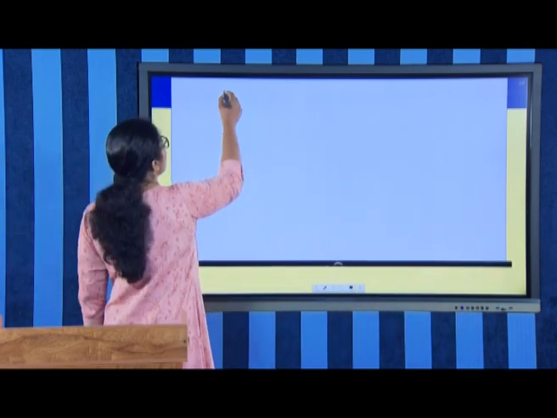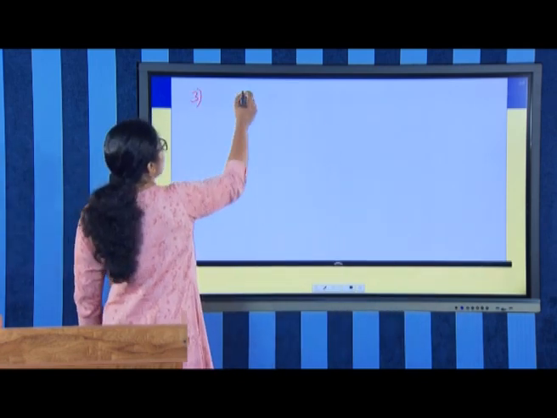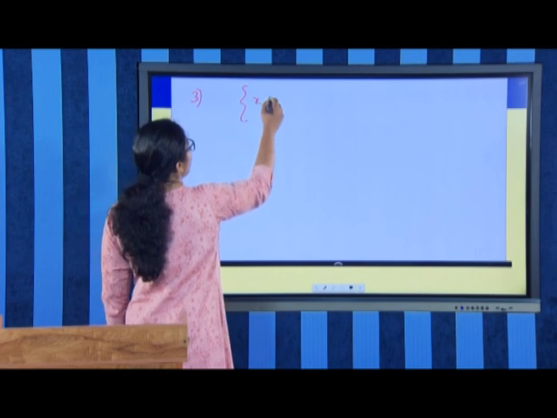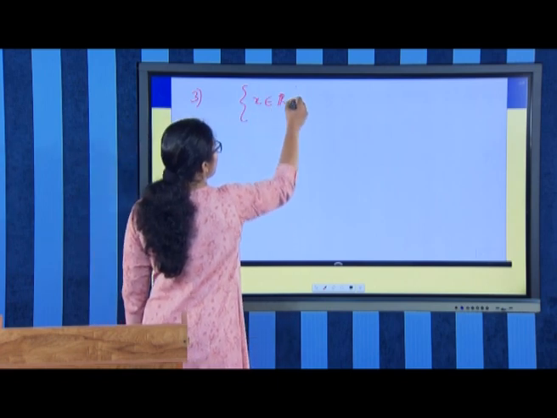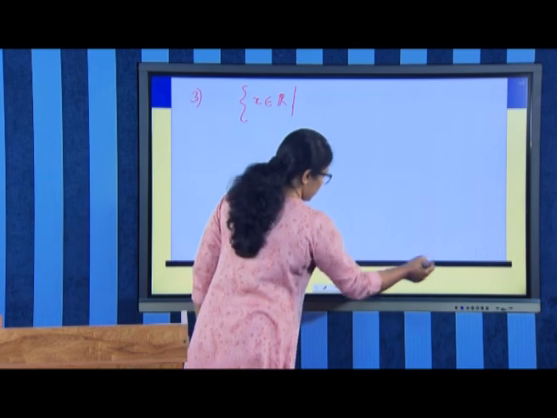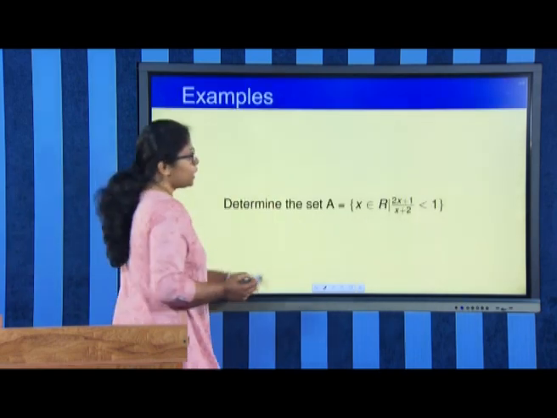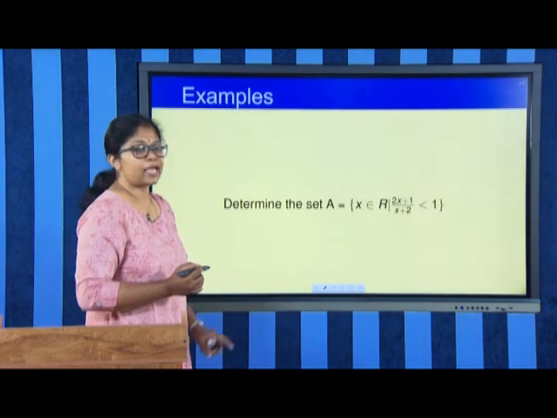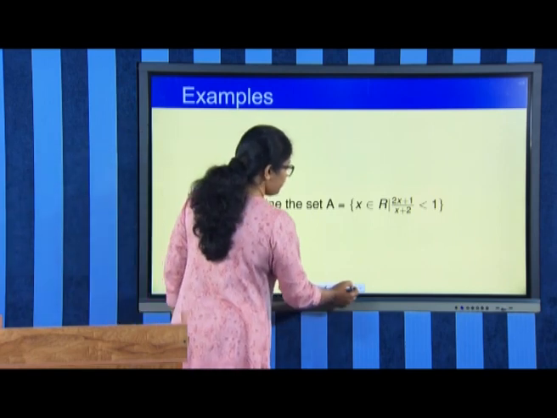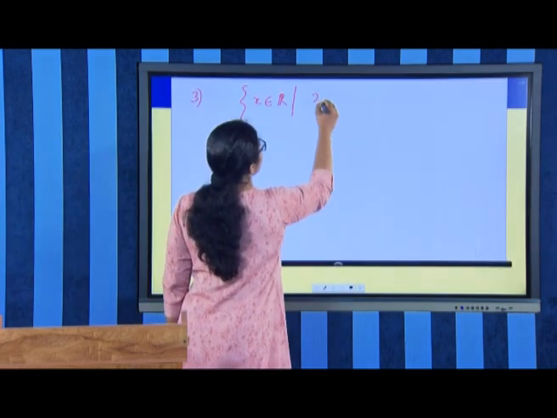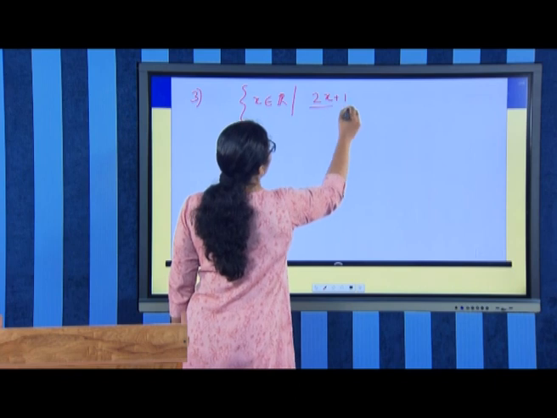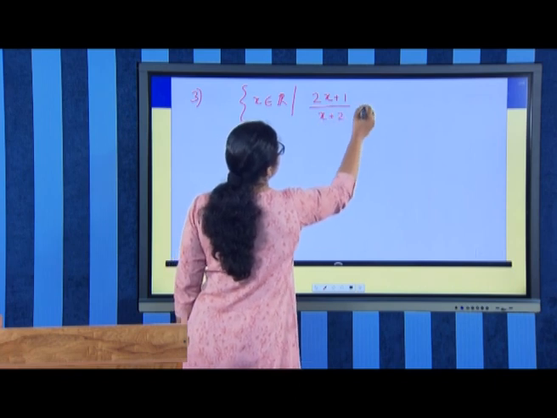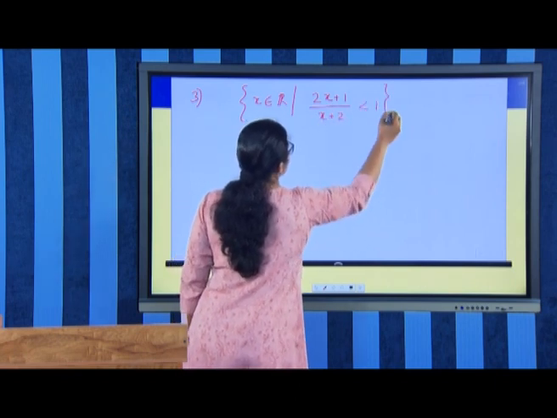We are given the set of all x belonging to R such that, what was the question? (2x plus 1) upon (x plus 2) is less than 1.